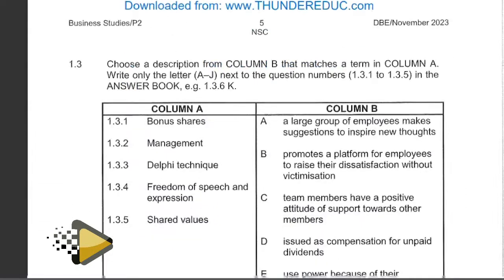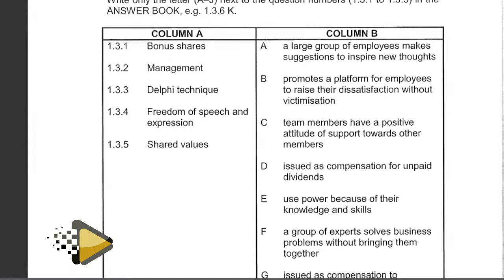The next question, we have 1.3. So 1.3 reads as follows. Choose a description from column B that matches with a term, a concept in column A. Write only the letter A to J next to the question numbers. An example is given there, 1.3.1 to 1.3.5 in the answer book provided.